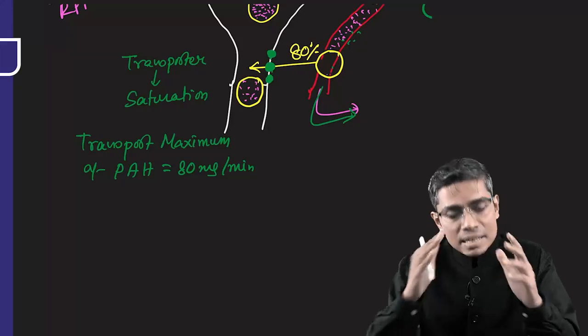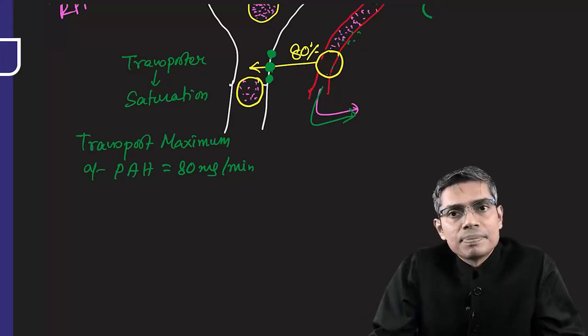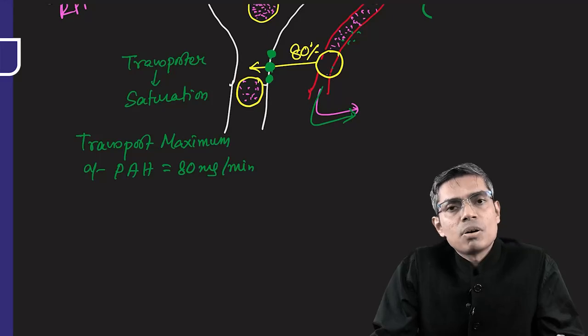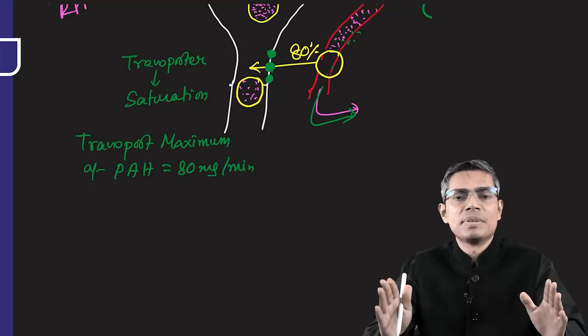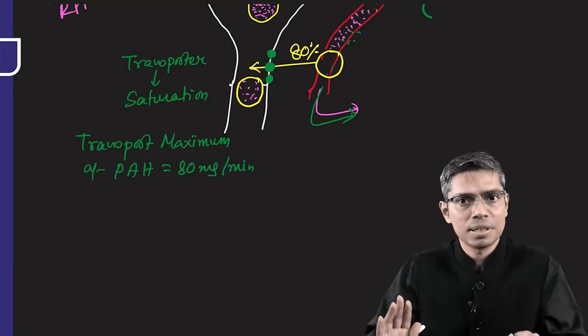That means in 1 minute, 80 milligram of PAH from the peritubular capillary can be secreted at the level of proximal convoluted tubule. But if the amount is more than that, then all the transporter protein, all the carrier protein will be saturated, and secretion will reach the maximum limit. No further increment of secretion is possible.